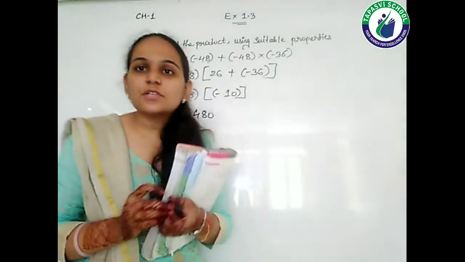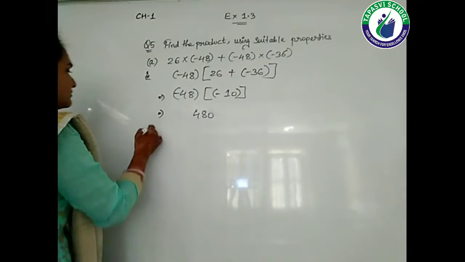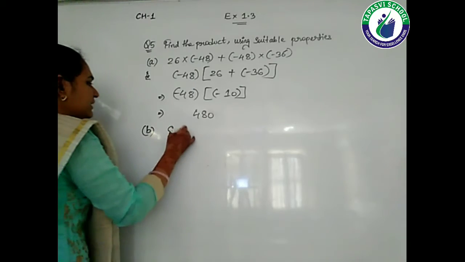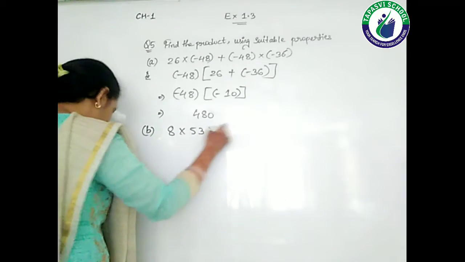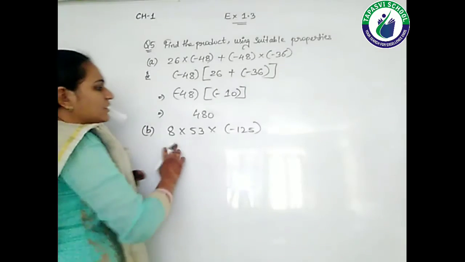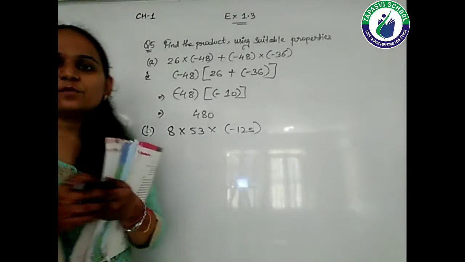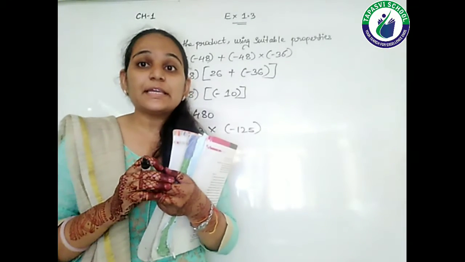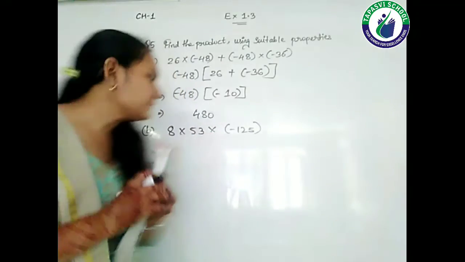See students, now the next question is 8 multiplied by 53 multiplied by minus 125, right? So I can make a pair of 8 and 125 and can follow the commutative property, right?